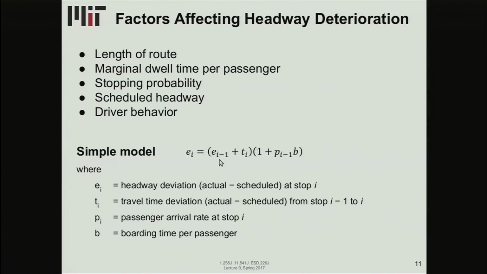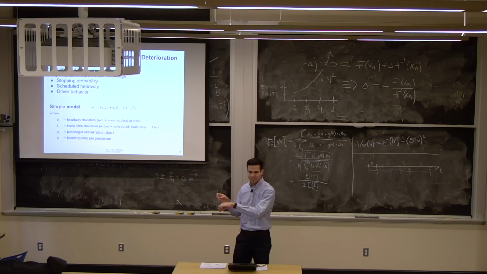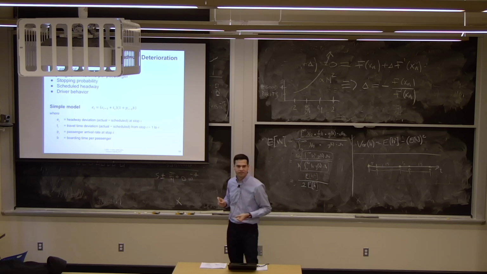You're multiplying times the headway deviation, which is the deviation when you were arriving at the previous stop plus the time it took you to reach this stop from there. So now you have the deviation arriving at the stop. If your headway is a minute longer, then you need to add however much extra dwell time you have to pick up that extra minute of passengers. And that's what that else case is doing. Okay?